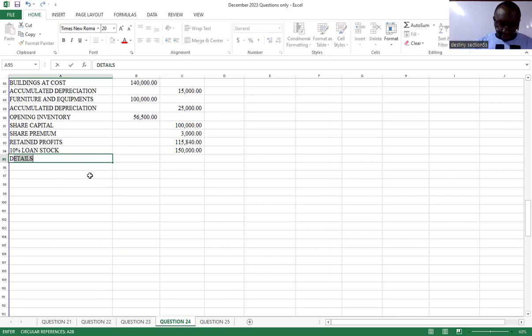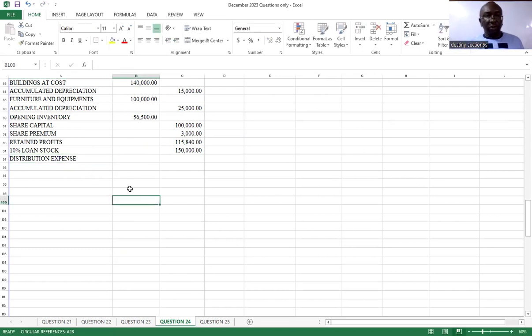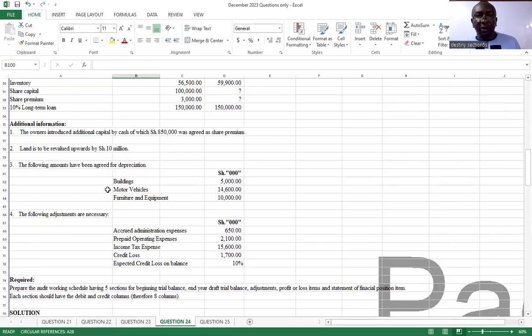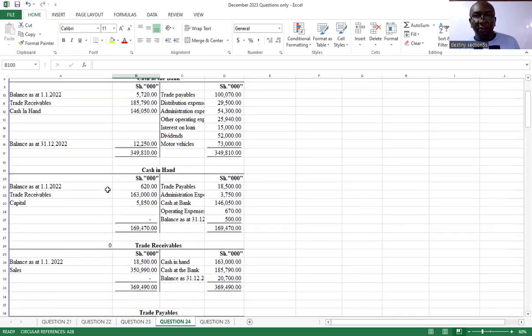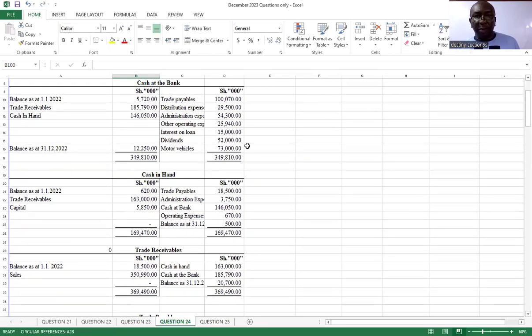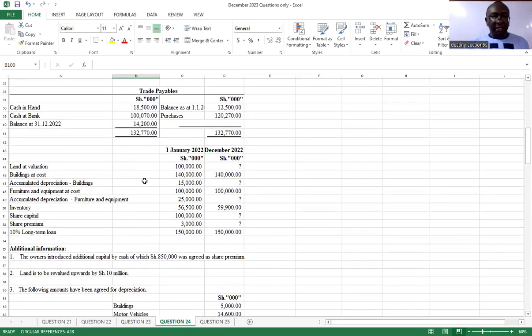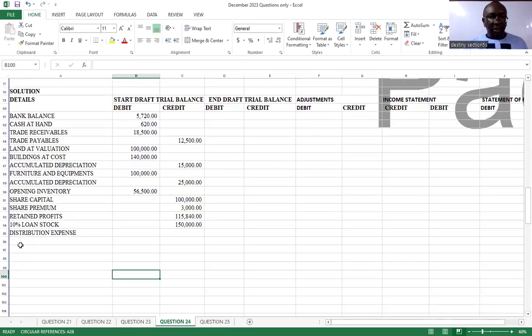So let's write distribution expense. We shall deal with it later. It is followed by who? It is followed by administration expense and other operating expenses.